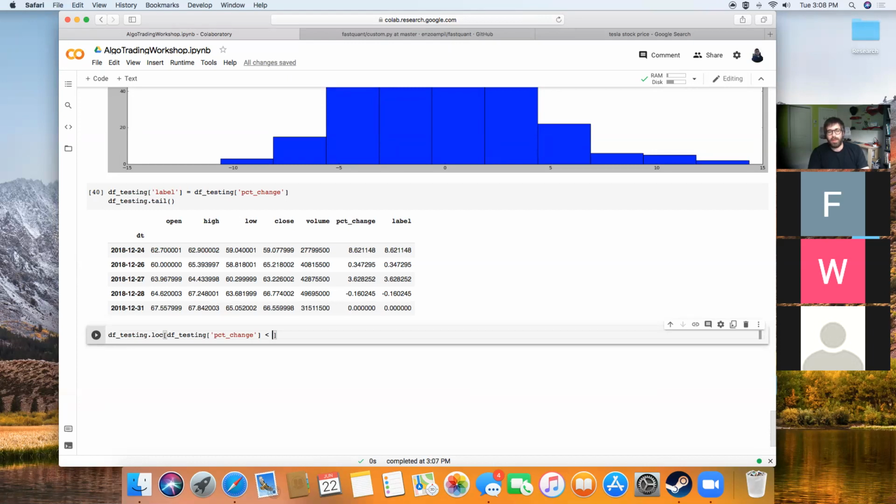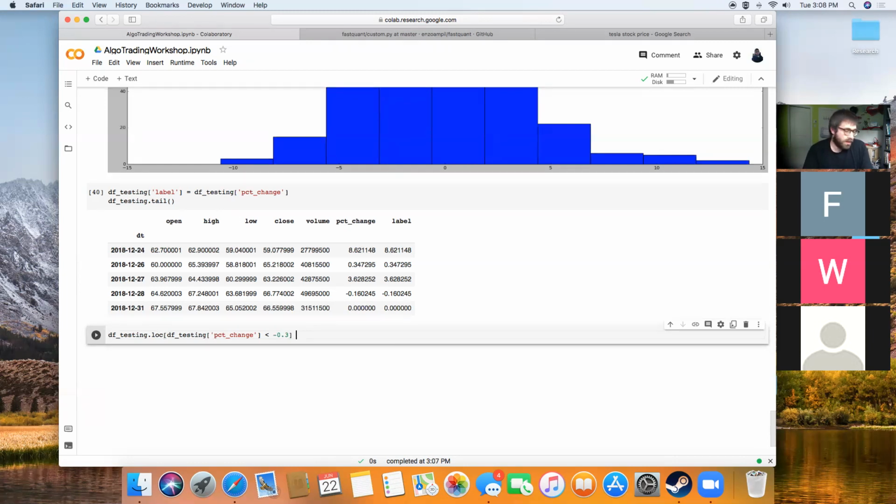But if we're going with the 3 classes, which means one of them is hold, we should have a middle point where we're not selling or buying. We're just going to hold whatever decision we've made. So let's say if the percentage change is within 0.3%, we're not going to do anything. So if the percentage change is less than -0.3, we're going to sell.